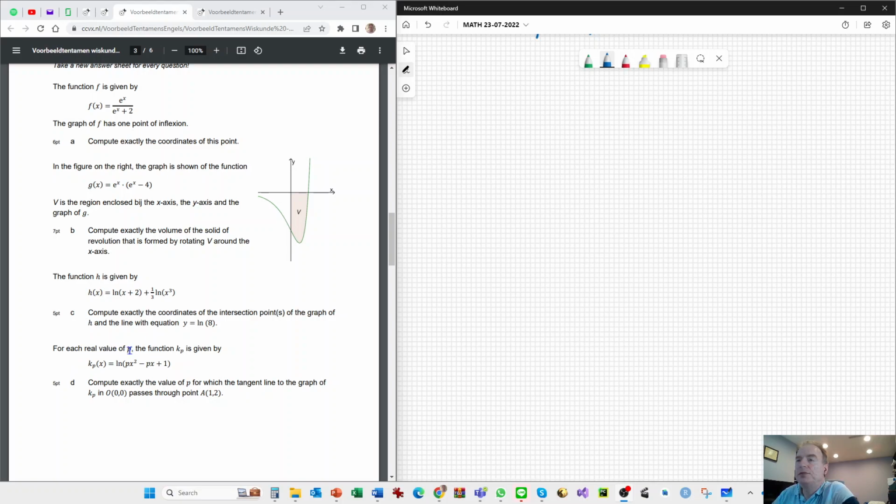For each real value of p, the function kp is given by this. Compute exactly the value of p for which the tangent line to the graph of kp in the origin passes through point A, which is 1, 2. So this tangent line, well, I actually have no idea how this function looks like.